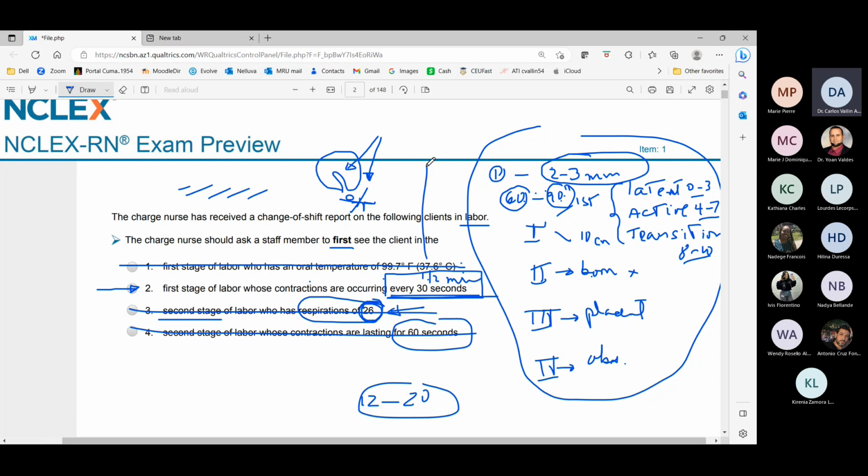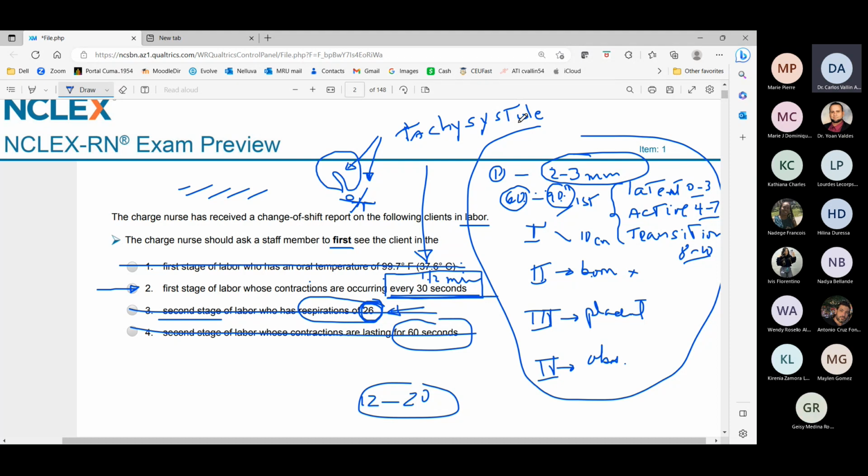Another thing that you need to know is that this frequent contraction has a name in English. It's called tachysystole. This is the name given when the uterus is contracting too fast, too frequently, like in this case, more frequent than one every 2 minutes.